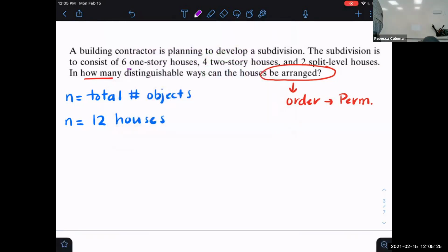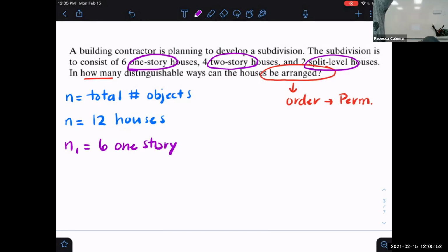I have multiple 1-story houses. I have multiple 2-story houses. And I have multiple split level houses, right? I have houses that look the same, that are duplicates. And so when that happens, I write each one as a subgroup. So I'm going to do N1 as my first subgroup, and that's going to represent the 6 1-story houses that I have.